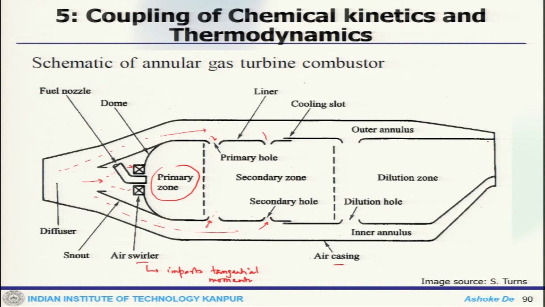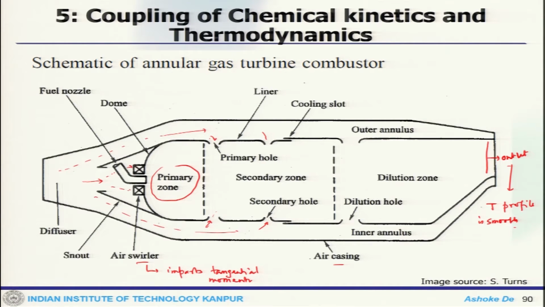So, at the end of this, at the outlet, the expectation is that the temperature profile should be smooth enough. That is the whole idea, and to get that we do a lot of dilution, primary and secondary injections.